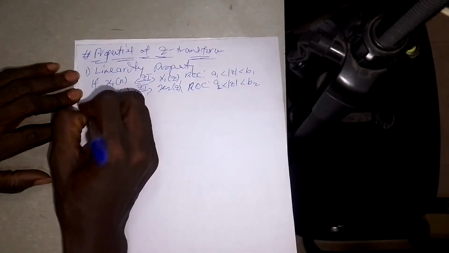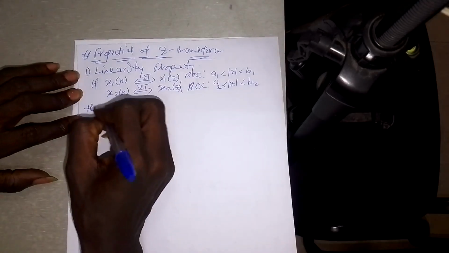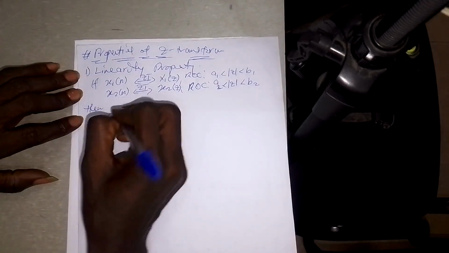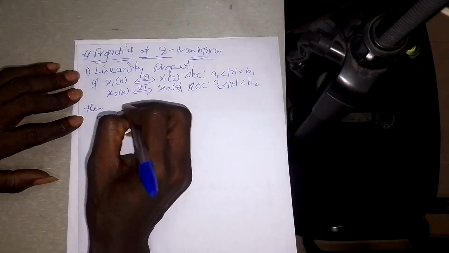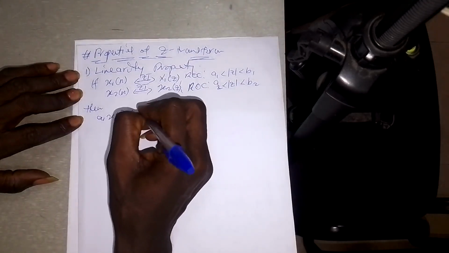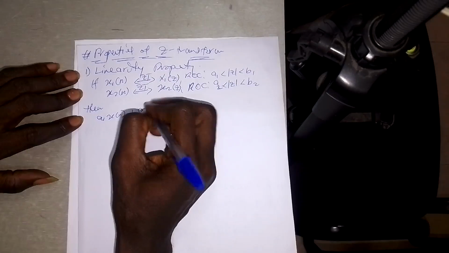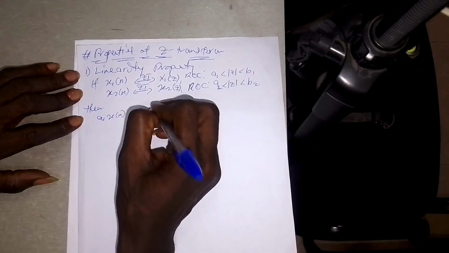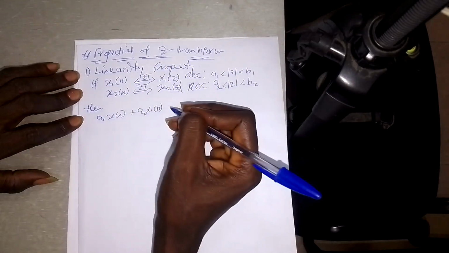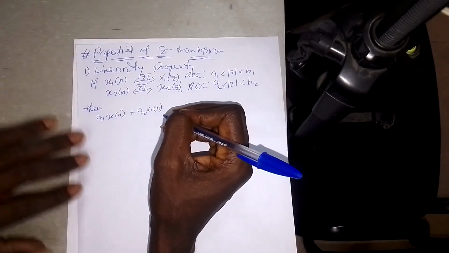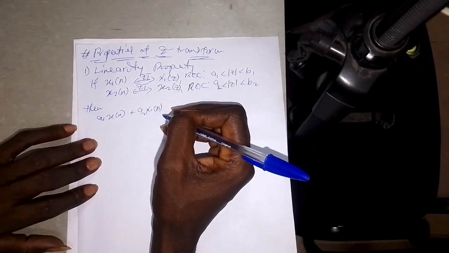Okay, then you're going to have A1 into x1 of n plus, let's say, B1 into x2 of n.